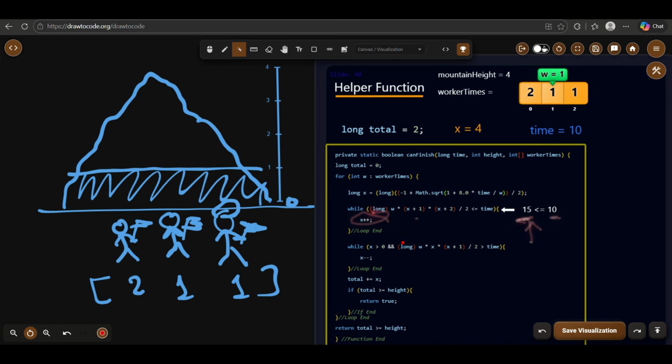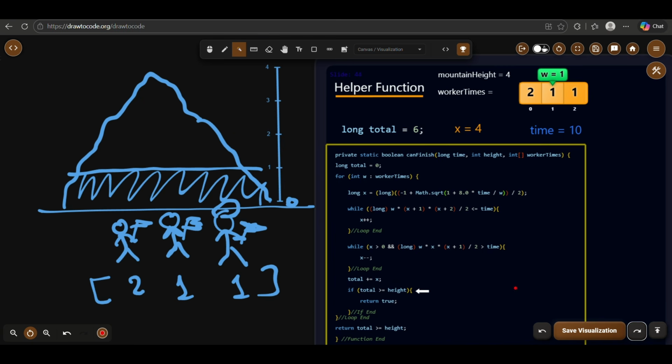We will not execute this condition and will come out of it. Similarly for this also, x is possible, the time is possible to chop x amount of the mountain. So we will add that into total. Total was 2 and this 4 gets added, so now it becomes 6.